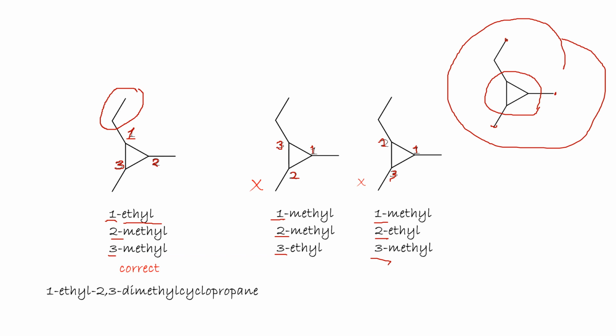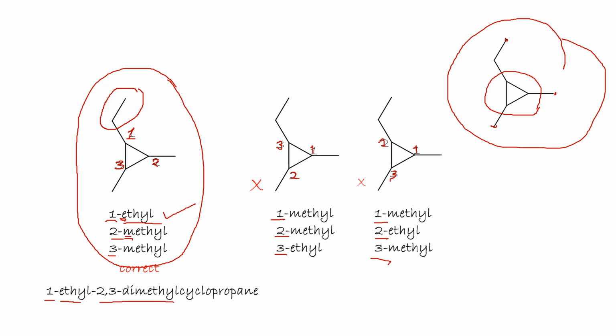Here is E, which comes before M, so E will take the priority, and this is the correct number system, and the name will be 1-ethyl-2,3-dimethylcyclopropane.